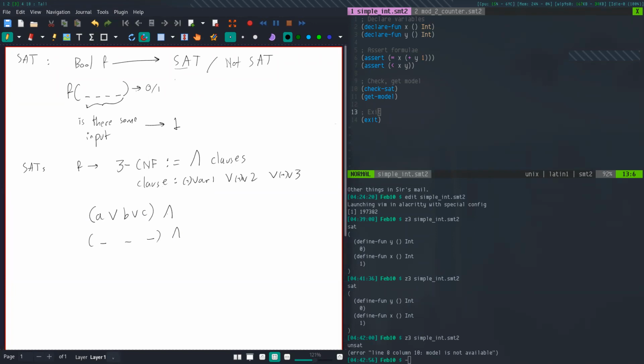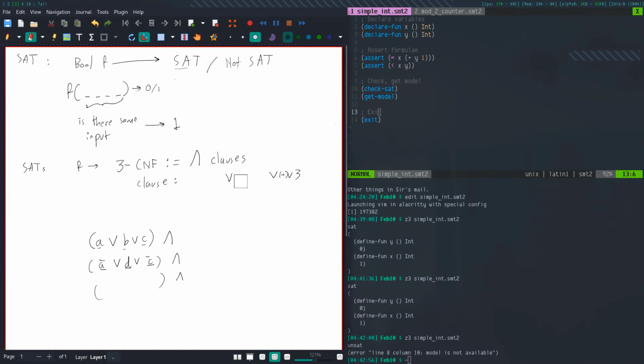So basically you can have formulas of this kind, A or B or C, and not A or D or not C maybe, or something like that, right? So you're going to have an AND of a number of clauses, and each clause is going to be an OR of a number of terms, and each term is either going to be a variable or not of a variable. So let me write it like that, so that it's a bit more standard.